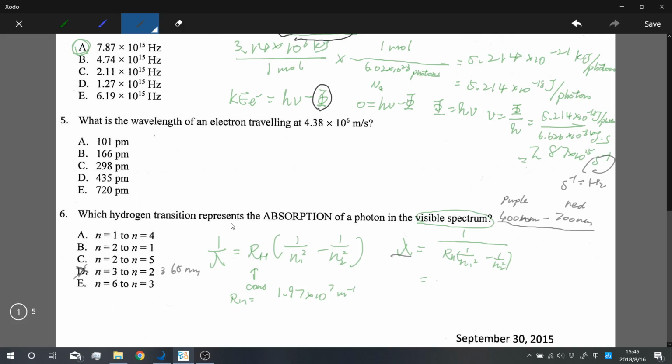If you remember correctly, absorption means negative, minus. So you should be able to get a negative number from this lambda with your n1 and n2. This line will be n1 and this will be n2.